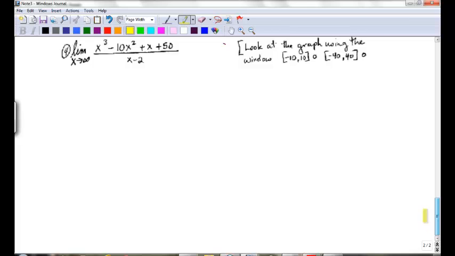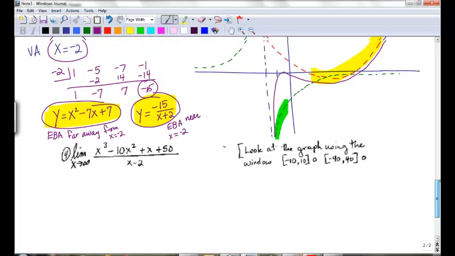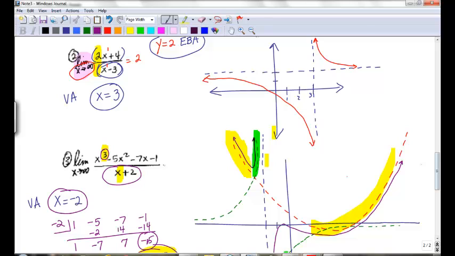Number 4. The degree is bigger on top. The degree of p of x is greater than the degree of h of x. So what is the limit? I don't know if I ever answered the limit back up here. This one is infinity.